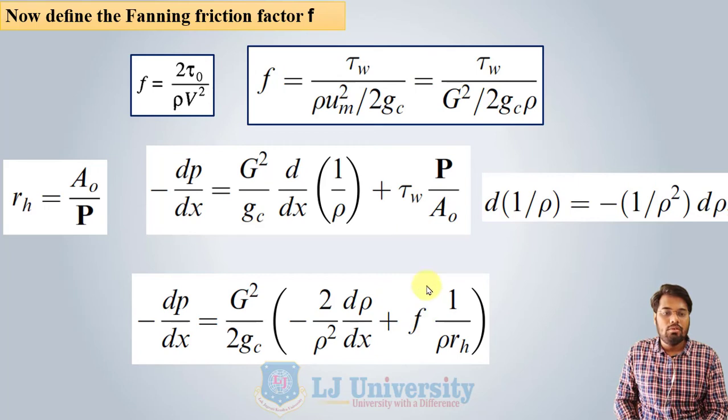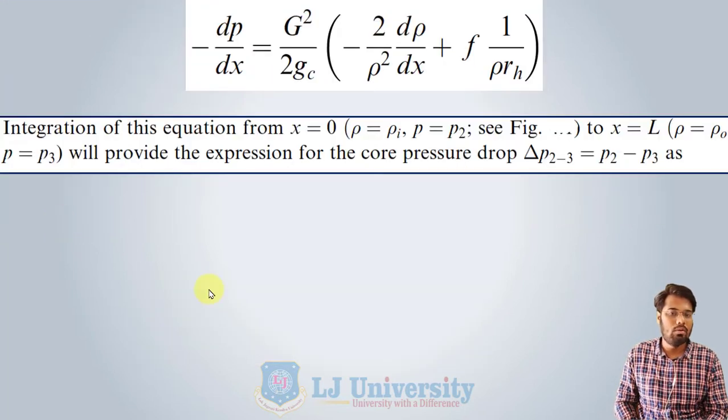Instead of tau W, we can write f into G square upon 2 gc rho. So G square upon 2 gc will be common. In the bracket, it is 1 upon rho into RH, because instead of AO by P we can write RH. So we have this simplified form of the equation.